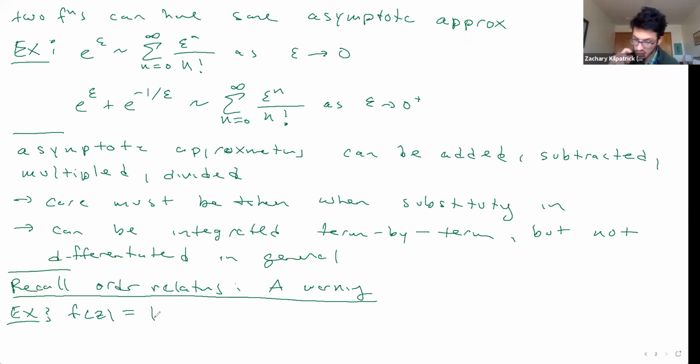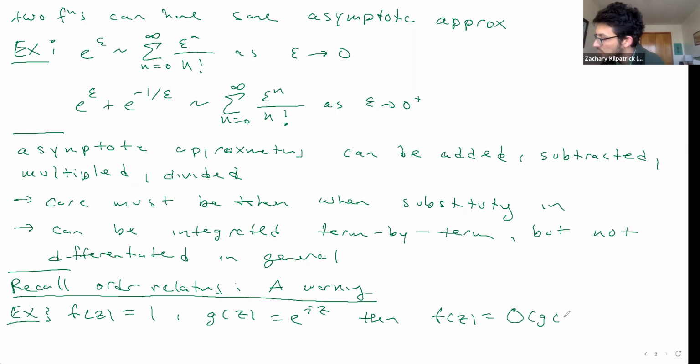Let's say that we have some function f of z equals 1, and g of z equals e to the iz. Then it turns out f of z is equal to big O of g of z, as z goes to infinity, and for z positive in this case.